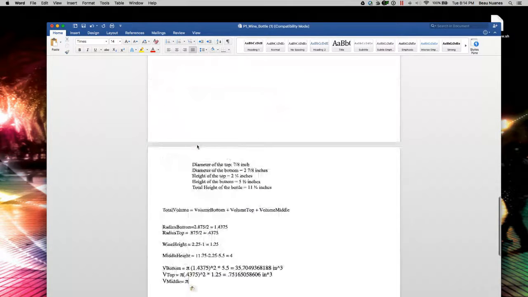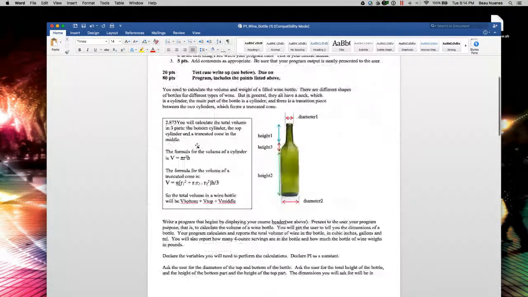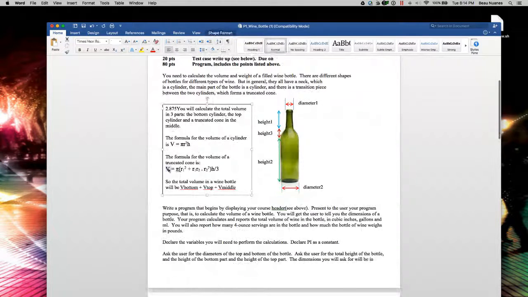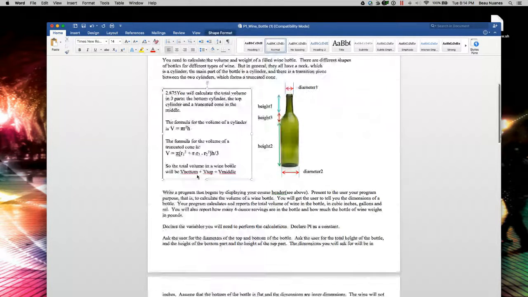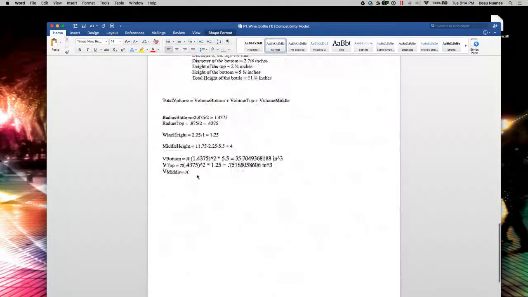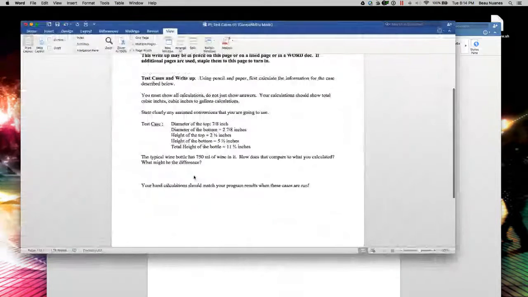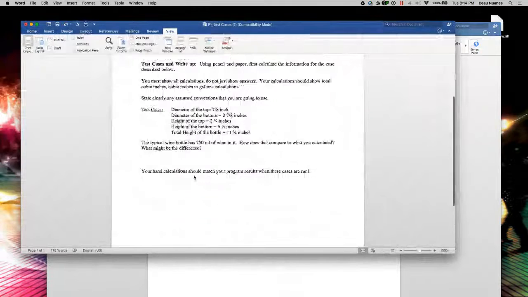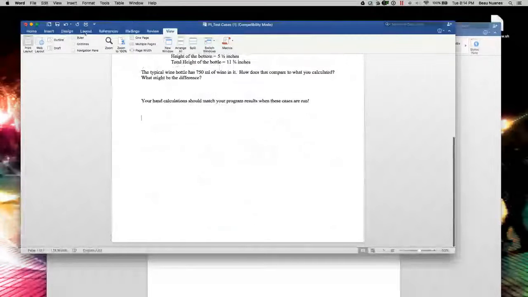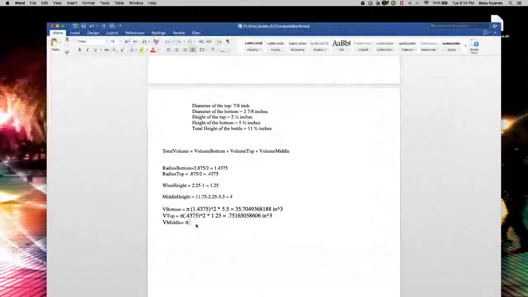So it's this equation here. When you turn this in, make sure to turn it in on your test cases, not like I'm doing the math here. So if you're going to type it like this, it should go with this document. But it's easier for me to scroll back and forth to demonstrate to you guys doing it in this one, so that's why I'm doing it that way.